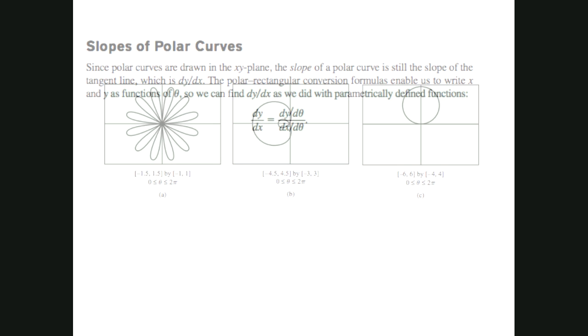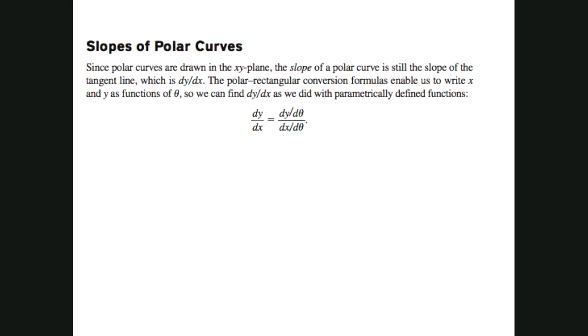All right, now let's talk about the calculus with polar functions. Since polar curves are drawn in the xy plane and the slope of a polar curve is still the slope of the tangent line, which is dy/dx, the polar rectangular conversion formulas enable us to write x and y as functions of theta, so we can find dy/dx as we did with parametrically defined functions.